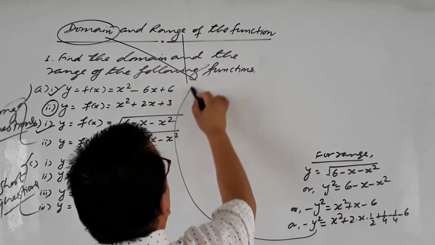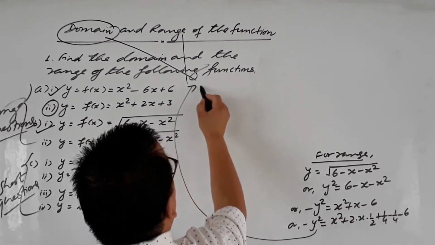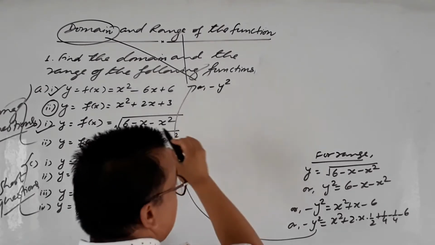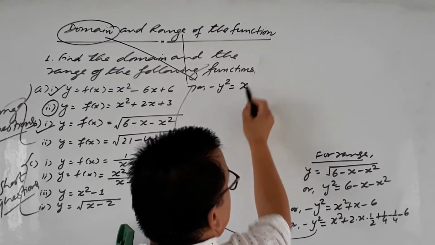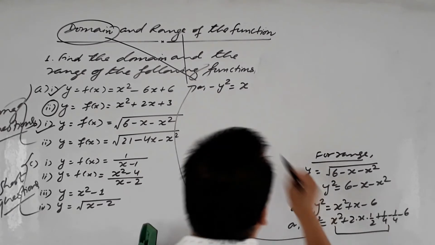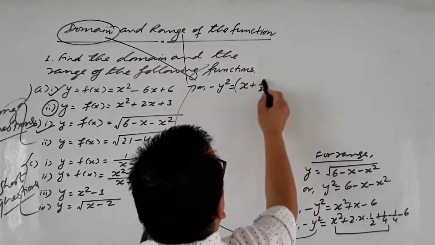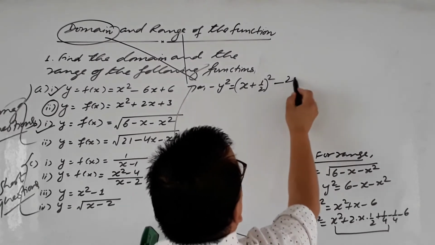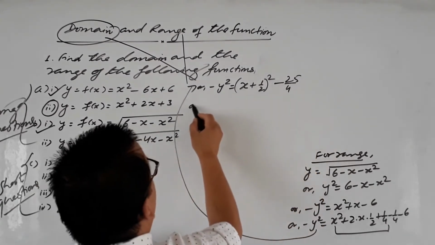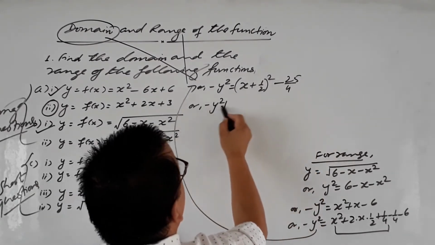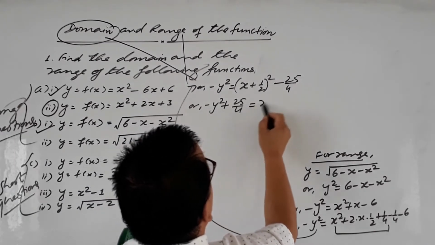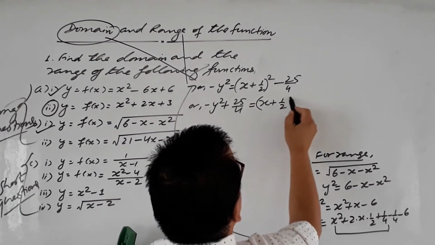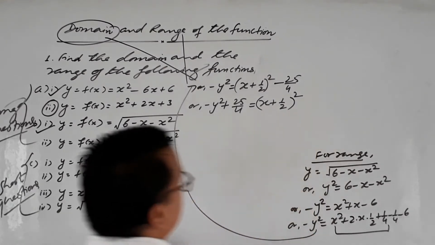So I'm writing on this side. Or negative y square equals to x plus 1 by 2 whole square and minus 25 by 4, or minus y square plus 25 by 4 equal to x plus 1 by 2 whole square, right?